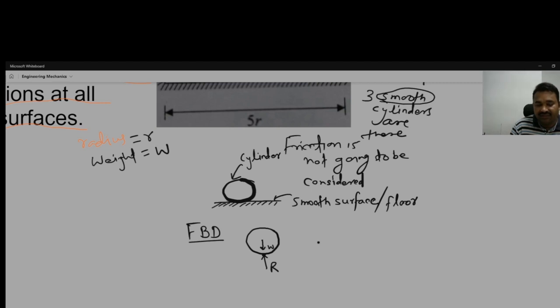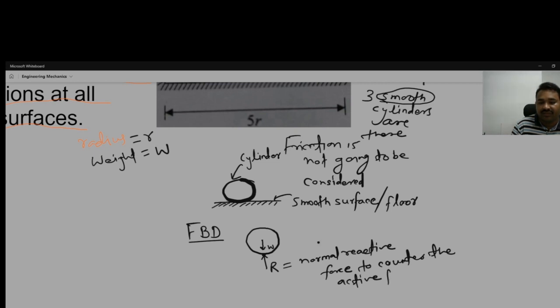No friction will be there. That's why this is the normal reactive force, to counter the active force, that is W, the weight of the cylinder.